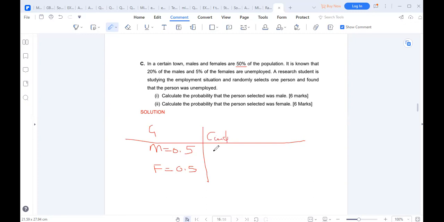So the conditional probability, unemployed coming from the males, is 0.2. And unemployed coming from the females is 0.05, which is 5%.